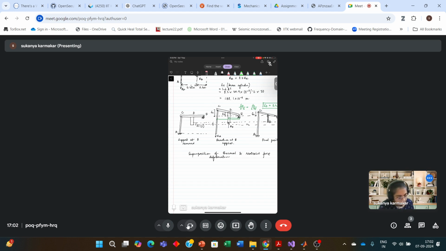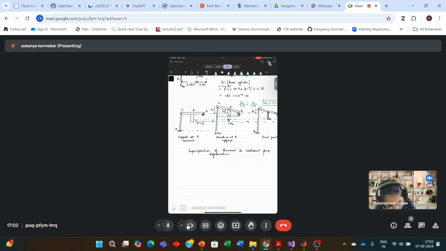And then the reaction at RB must cause a deflection. Let's say because of this reaction, there will be movement delta 1, which should be equal to delta T, so that the final deflection at B should be 0.